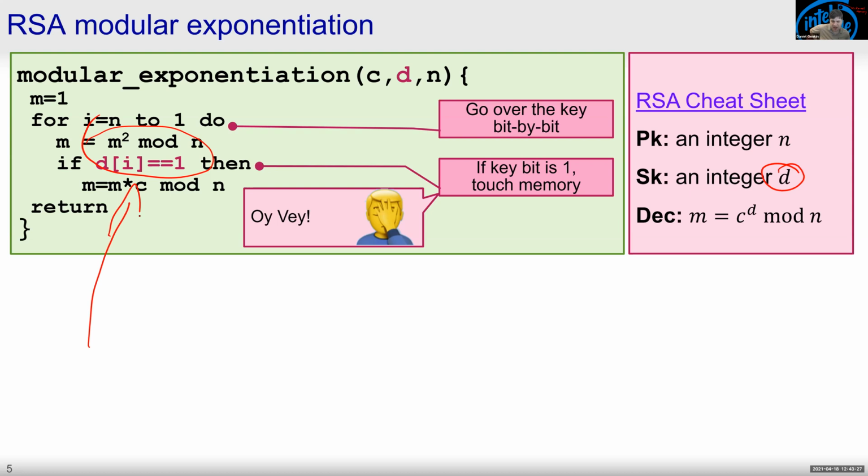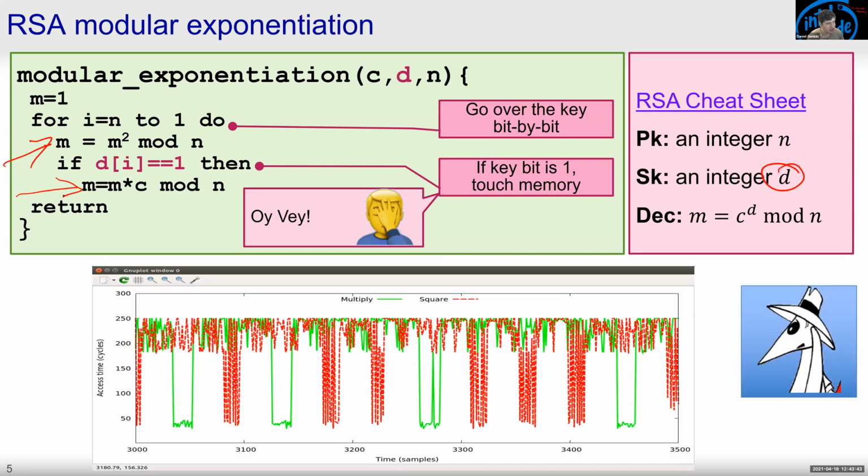Let's say I'm going to start probing the code addresses of the squaring function and of the multiplication function, and I'm going to measure the latency it takes to access these two addresses. How does it look? Like that. Red means square.